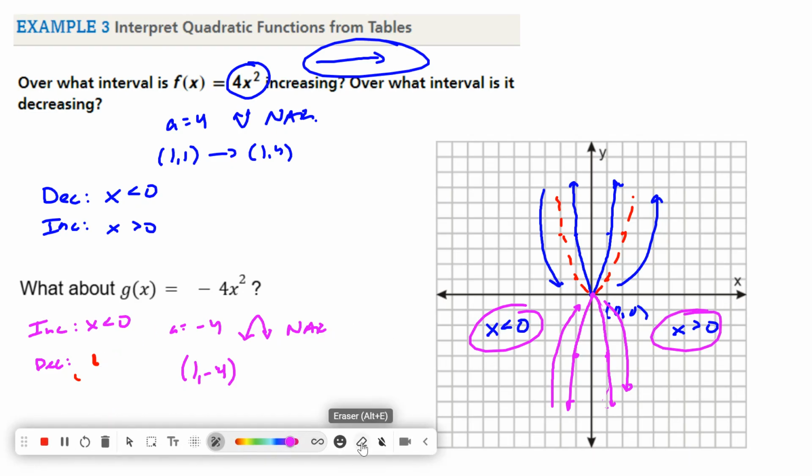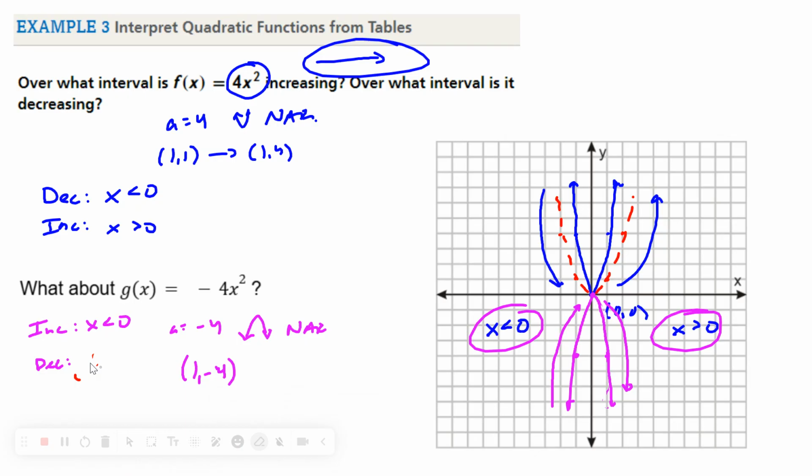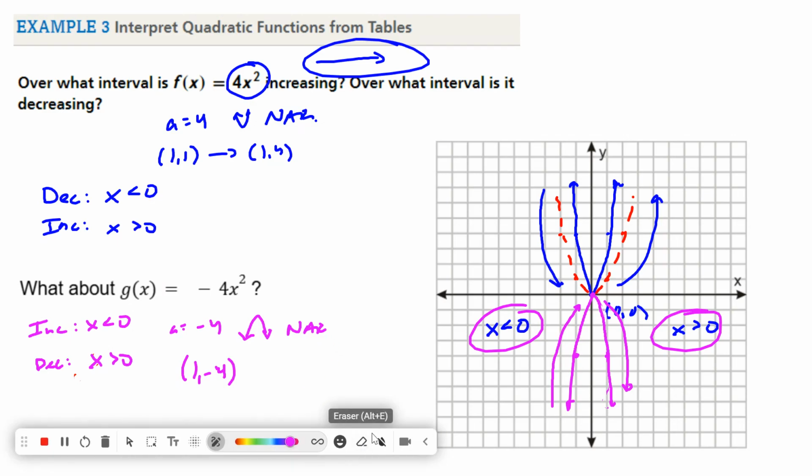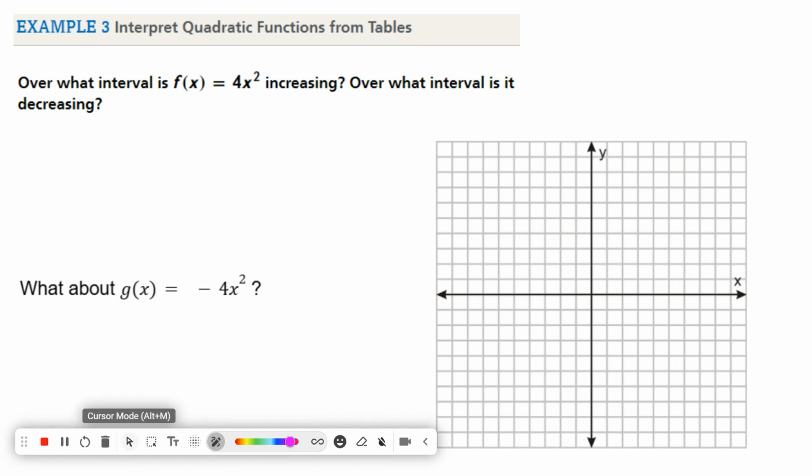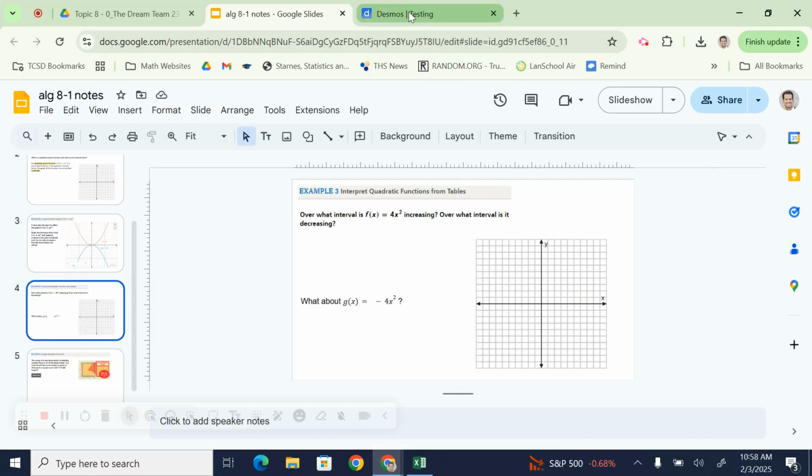Let me erase these red marks I made at the beginning. So again, just be careful there about which way it's opening and the increasing and decreasing. Now real quick, I just want to show you back on Desmos, that table of values idea, right? So I'm going to come here.